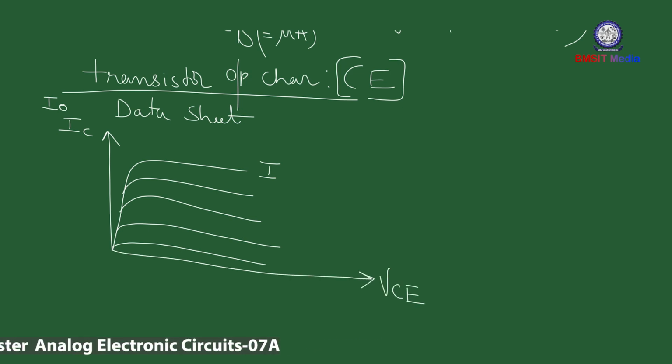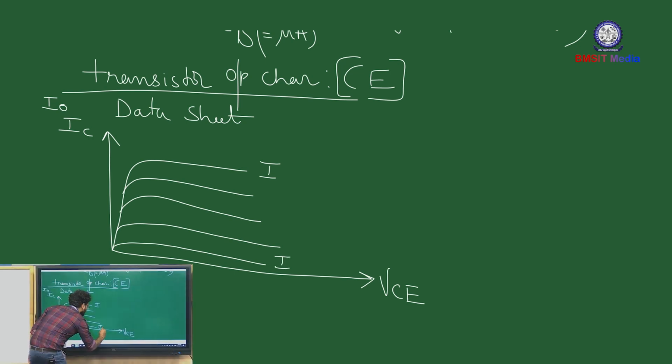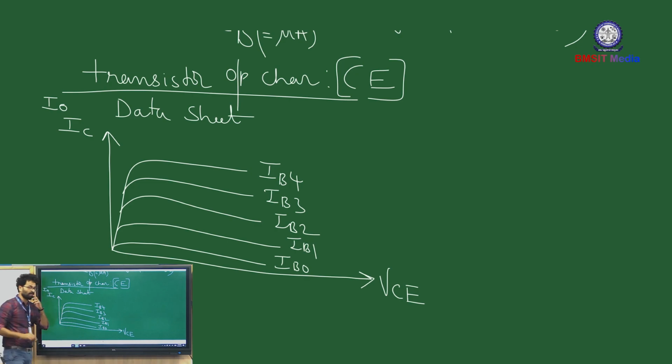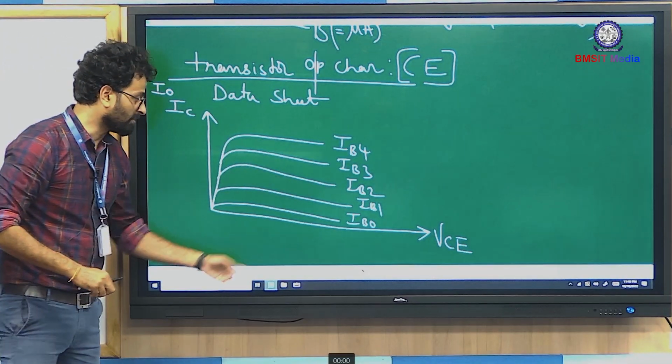Let us consider the first base current as IB0, IB1, IB2, IB3 and IB4. So it is plotted for different base currents.